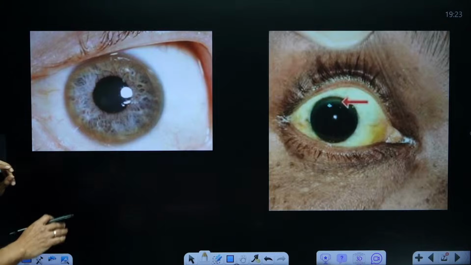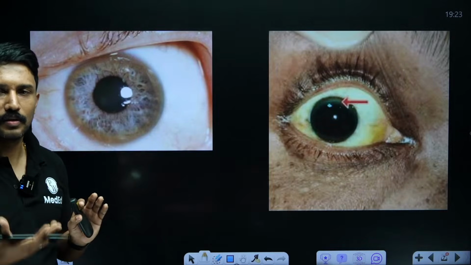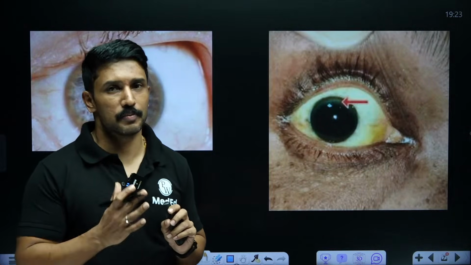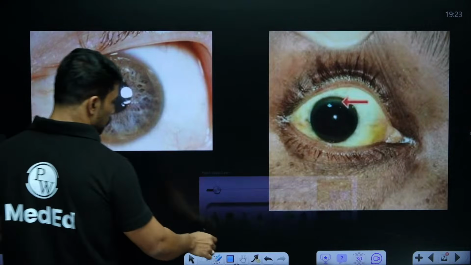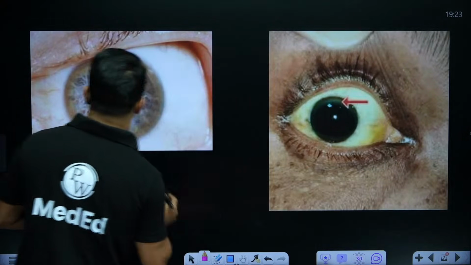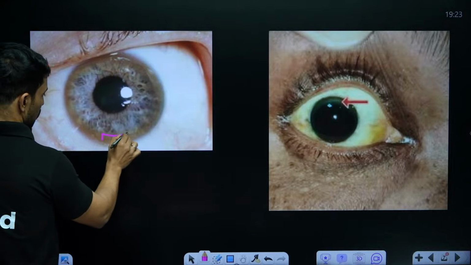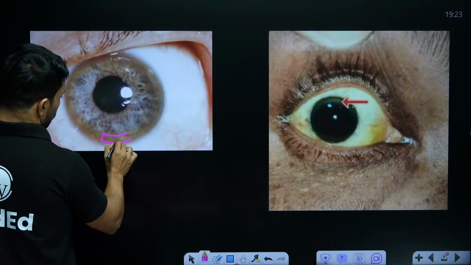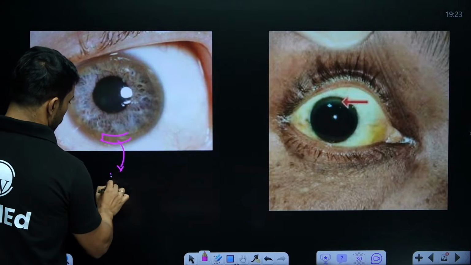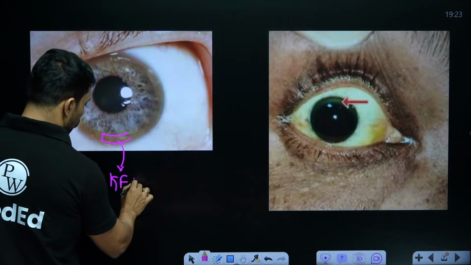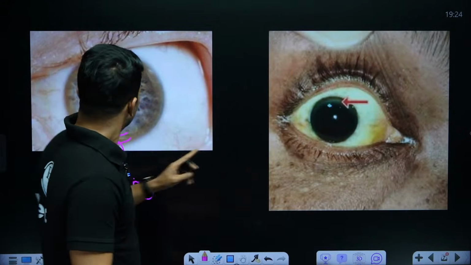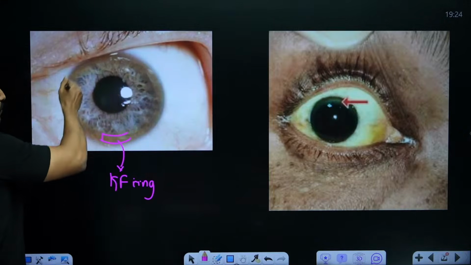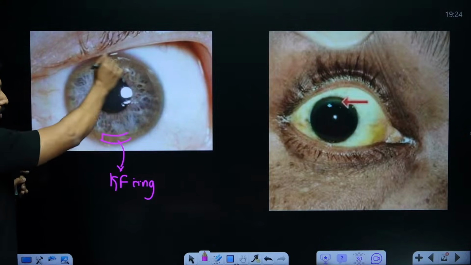Now, I have already told you that ophthal image-based questions are possible. In the first image, you can see a golden brownish deposit, this ring. This is what we call the KF ring, Kayser-Fleischer ring. In the second picture, you can see a full circle as a ring, a typical KF ring.